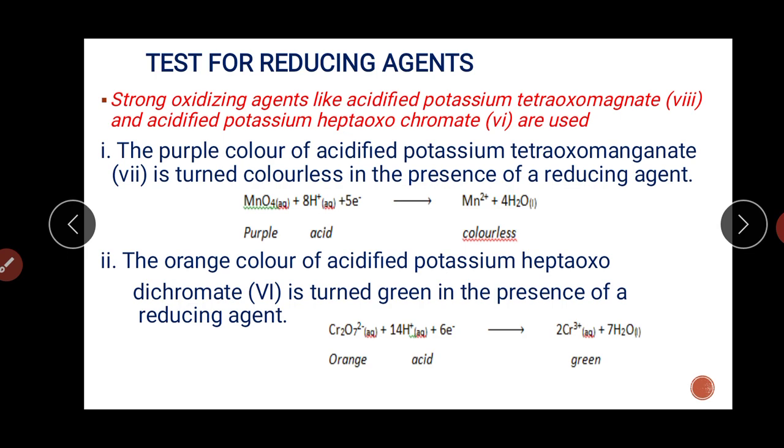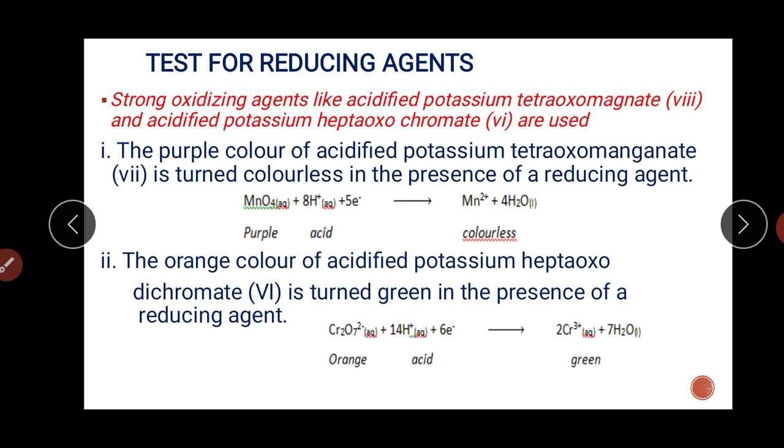What are the tests for a reducing agent? We use acidified KMnO4, that is acidified potassium tetraoxomanganate 7, and acidified potassium heptaoxodichromate 6. Now, the purple color of acidified potassium tetraoxomanganate 7 will turn to colorless.